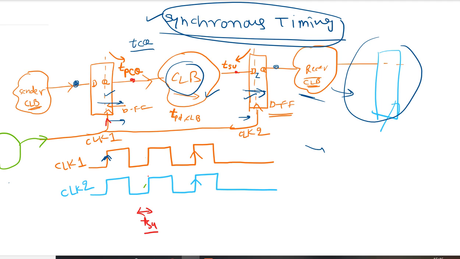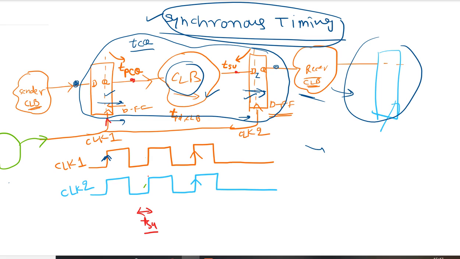What I mean by worst case analysis is how much time, in the worst case, this unit is going to take to send the data from this flip-flop to the receiver flip-flop, the second flip-flop. So worst case analysis means the maximum time taken by this data from this flip-flop to this flip-flop, so that we can decide that at least this amount of time period I need for my clock.